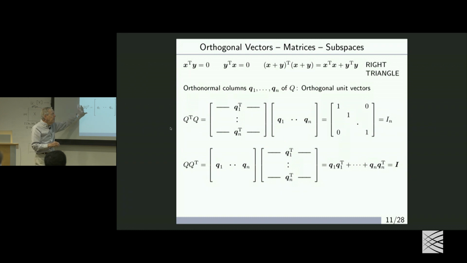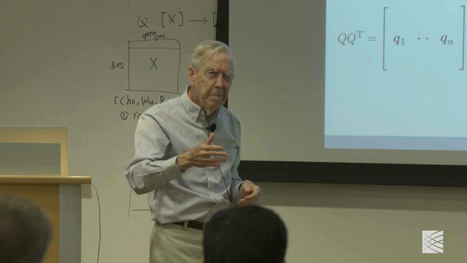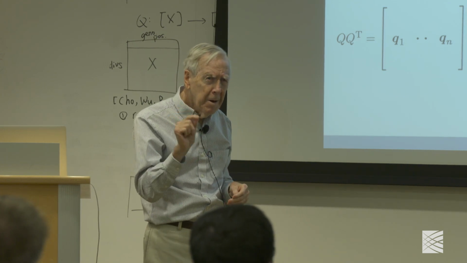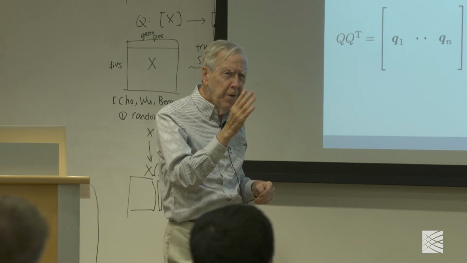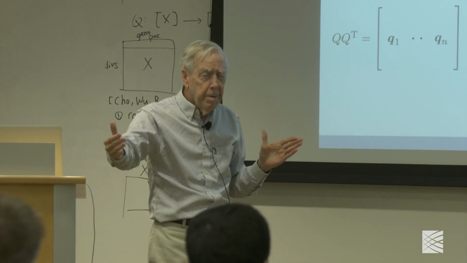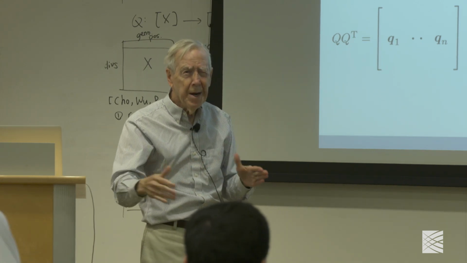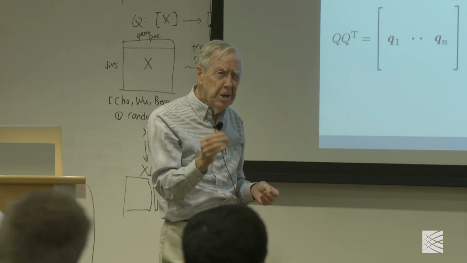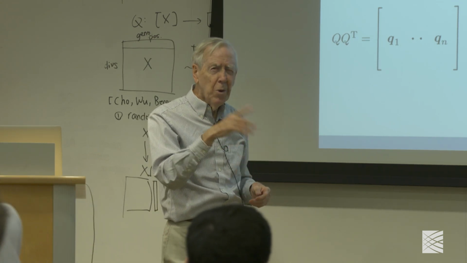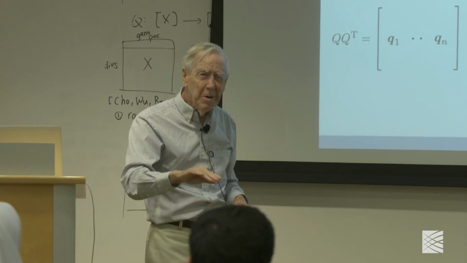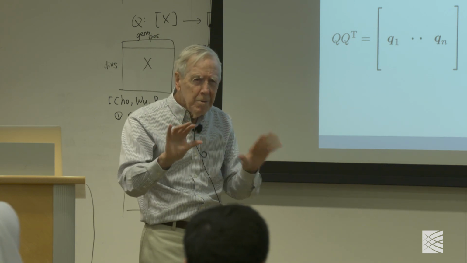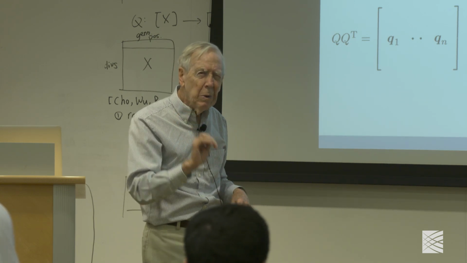So the goal in numerical linear algebra is to work with orthogonal matrices. For example, in deep learning. So every layer in deep learning, a big issue is if you have a deep neural net, 10 or 20 or 100 layers, if those are orthogonal layers, your numbers stay where they should, stay in a reasonable range.